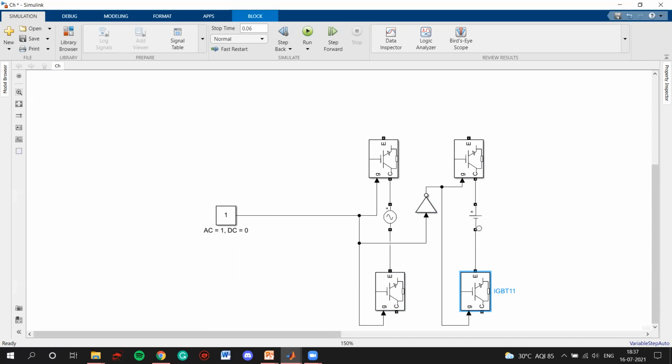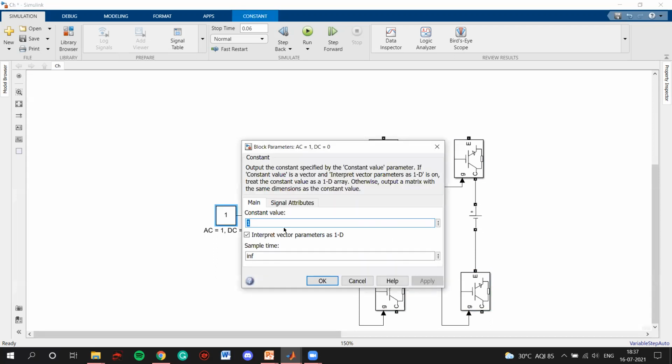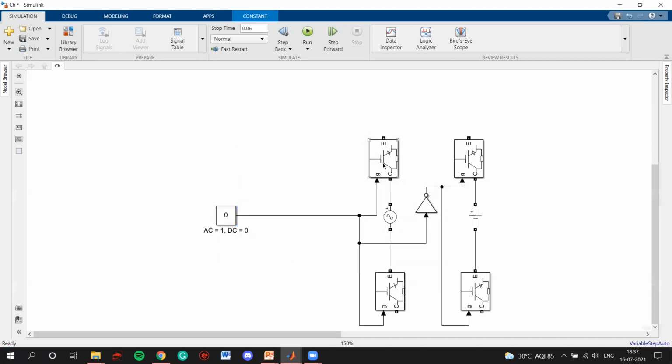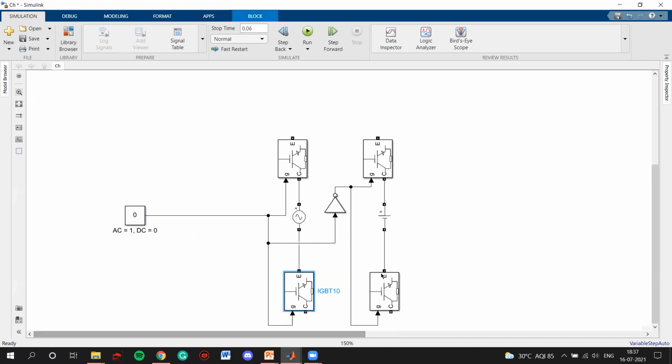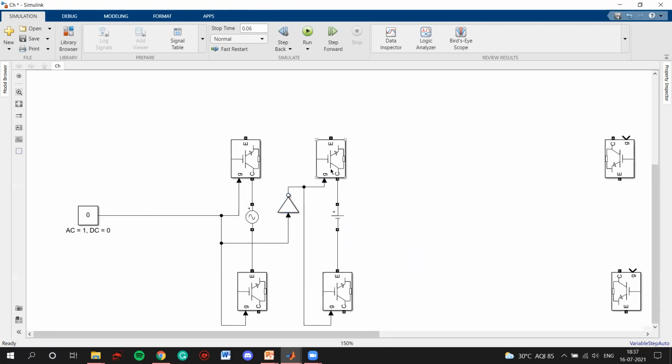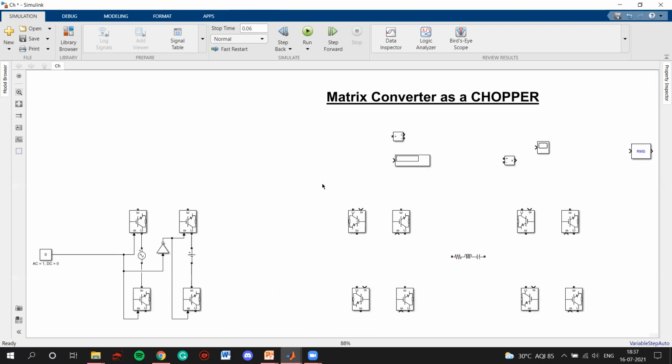And when we want the DC source, we can put the value of this constant as 0. Then 0 will go to the first two IGBTs, which will isolate the AC voltage source. And from this NOT gate, if 0 is coming in, then 1 will go to the DC voltage source gates, and this will connect the DC source with our main circuit, right? So this is the logic behind it.